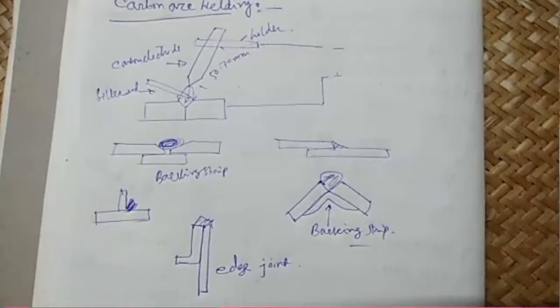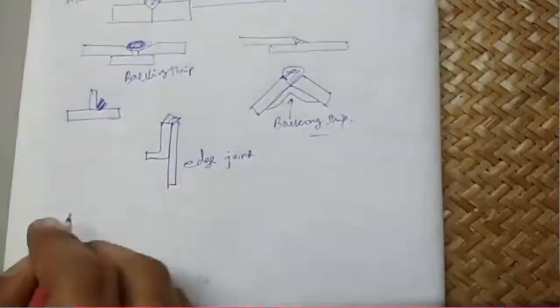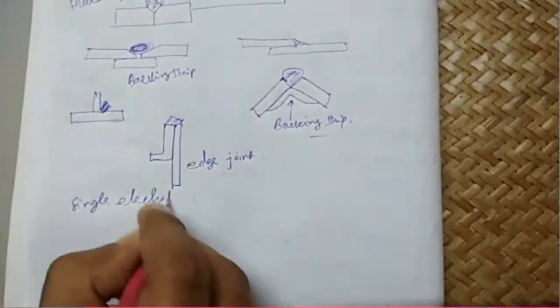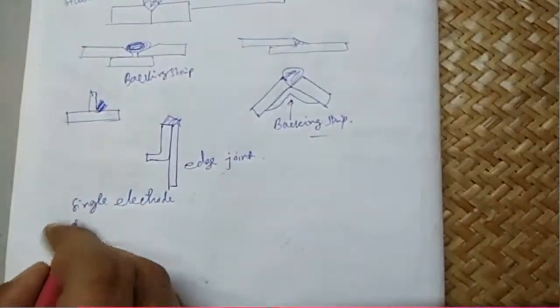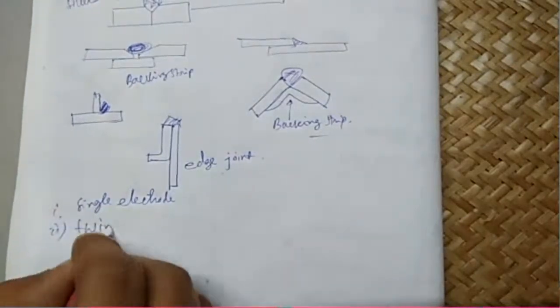There are two types of settings: one is single electrode and the other is twin electrode.